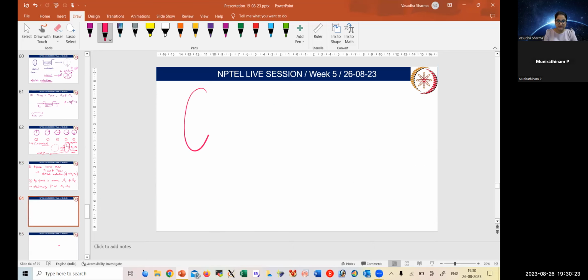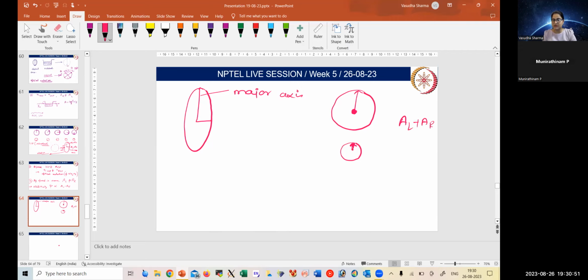So this is my ellipse, and you know that an ellipse has a major axis. If you remember, this was my right circularly polarized light, and because of this small portion of my LCP, when it comes back from the left rotation, you can see that it is adding on to this one, just an addition. So it becomes AL plus AR. Whereas in case of this one, when the right side is in this direction and the left side is coming very small in this direction, it becomes AL minus AR.